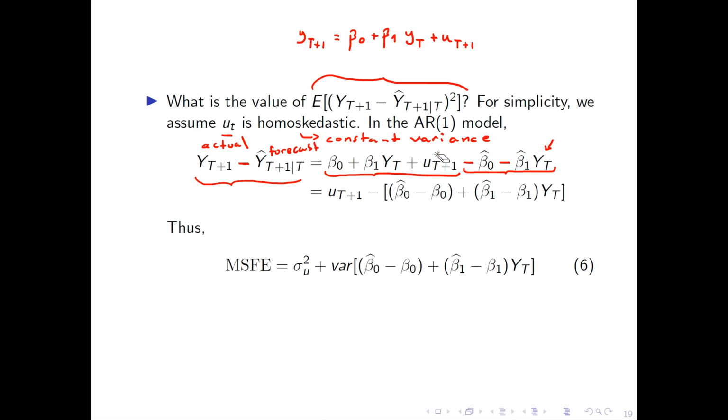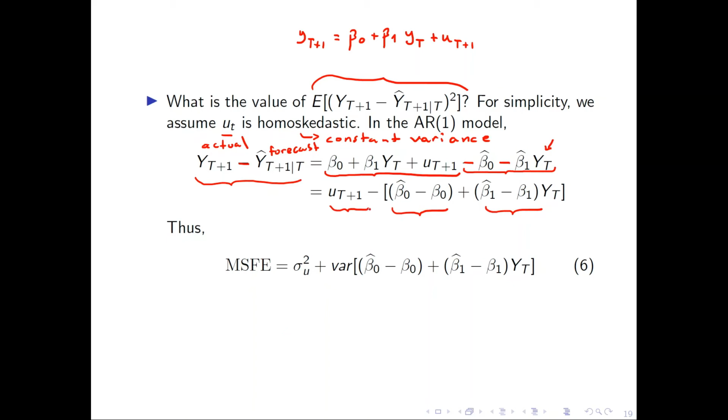So if we combine the y of capital T terms, we get that here, and we can combine the intercepts, which is here, and we have the population residual.